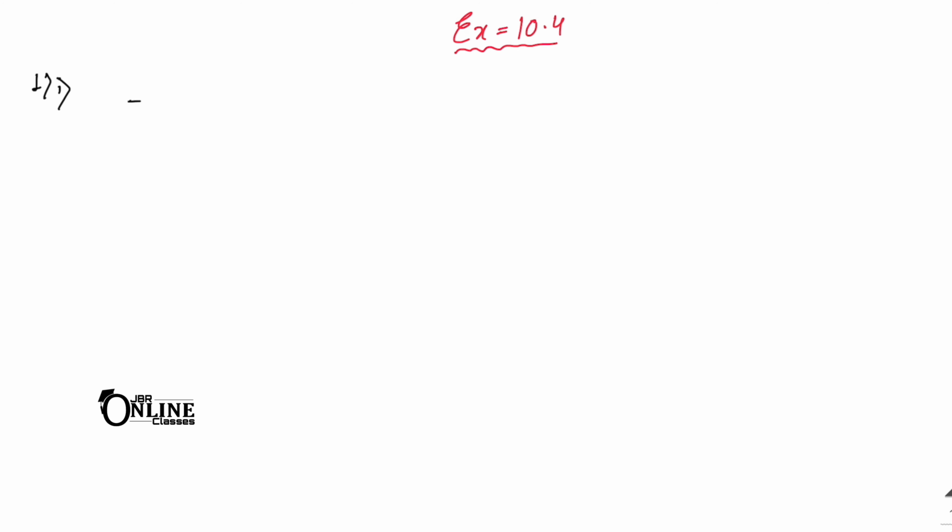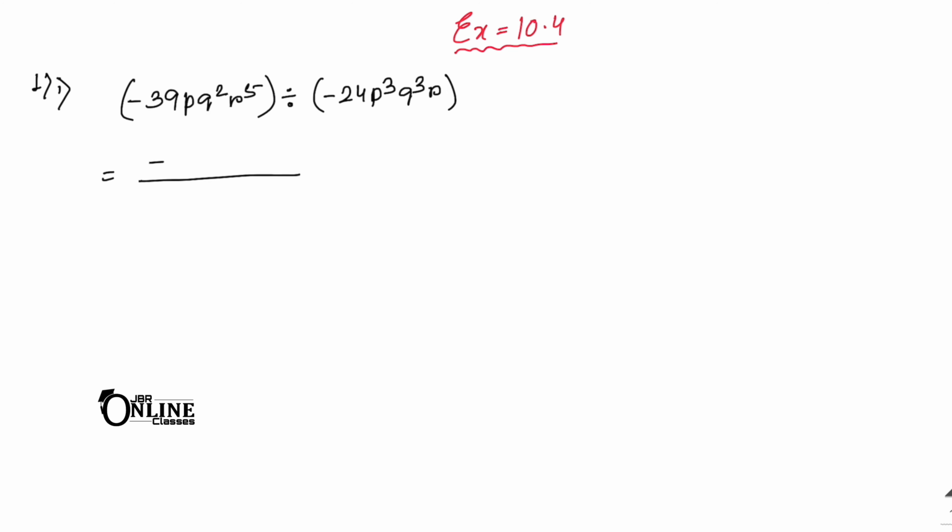Divide minus 39 p q square r to the power 5 by minus 24 p cube q cube r. That means you have to divide the first one by the second one. So first write the first one as the numerator and the second one as the denominator.